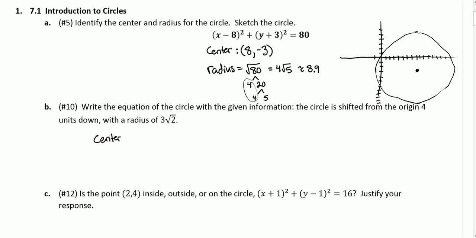Our center, well, since we started at the origin and we moved 4 units down, we're going to be at, well, first I'm going to write the radius here. Radius is given at 3√2.